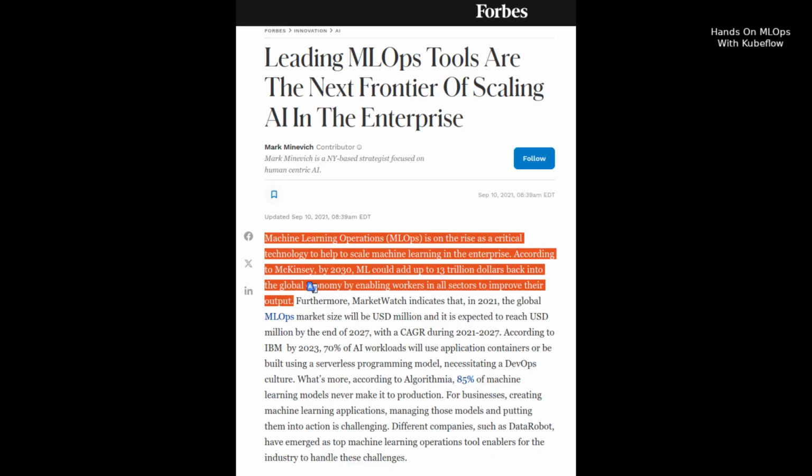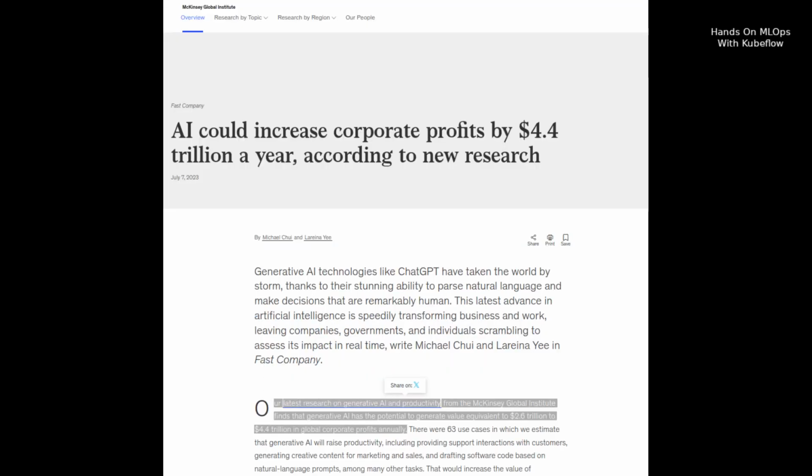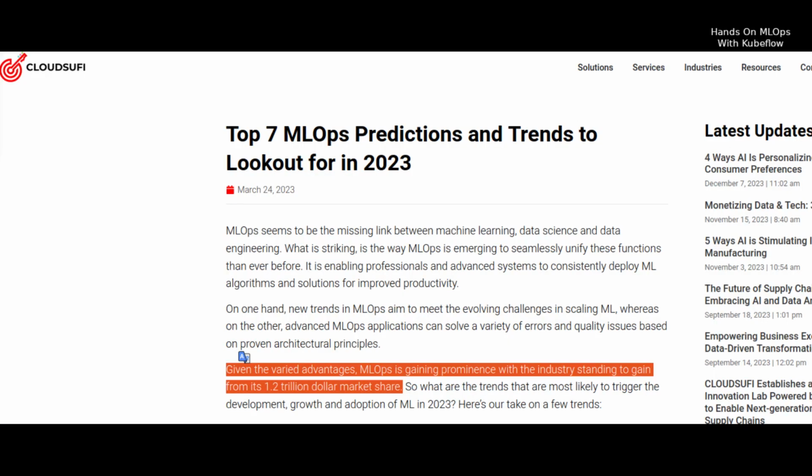Data scientists, machine learning engineers, and MLOps engineers would unlock this economy together. So this tutorial is designed for machine learning engineers, data scientists, DevOps.